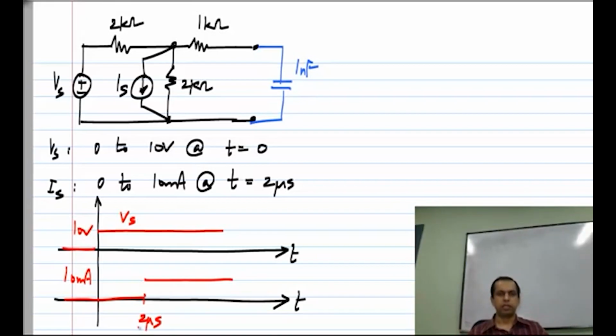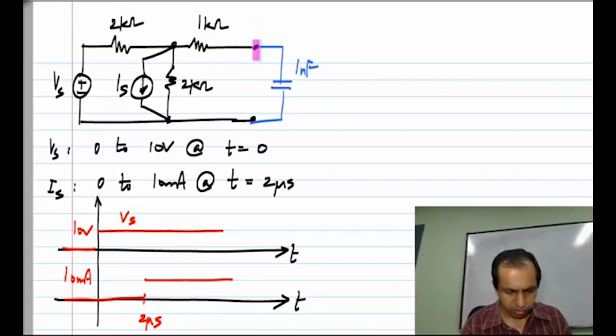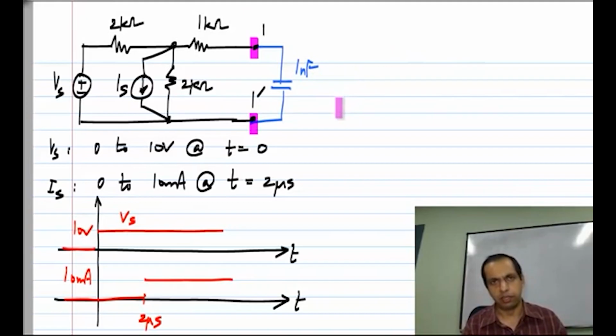So looks slightly more complicated, but essentially between the terminals of the capacitor 1 prime, we can still represent the whole thing with a single source in series with a single resistor, or a single current source in parallel with a single resistor.